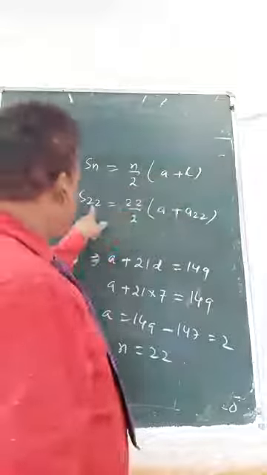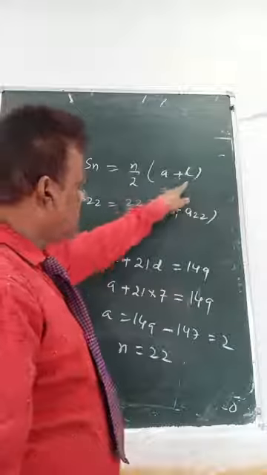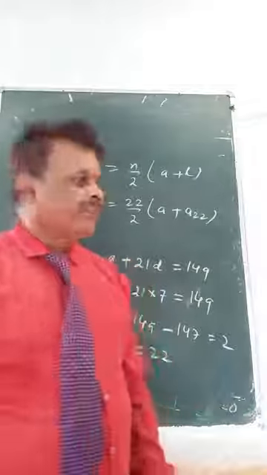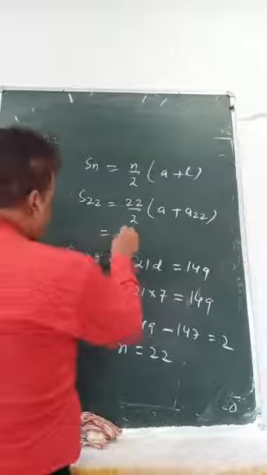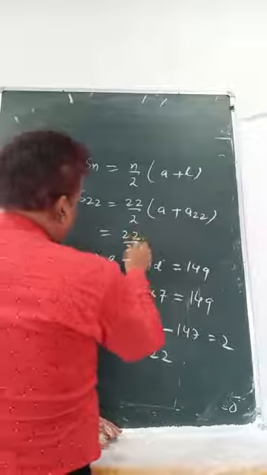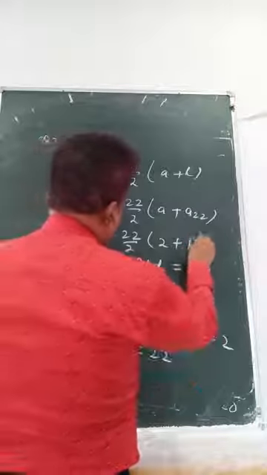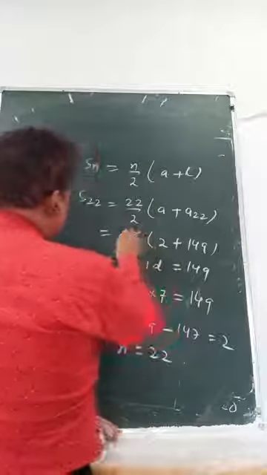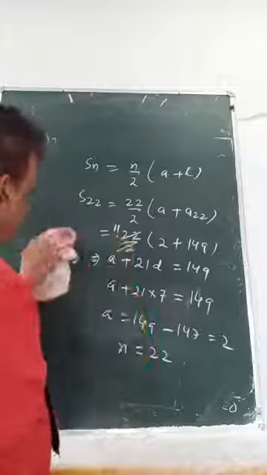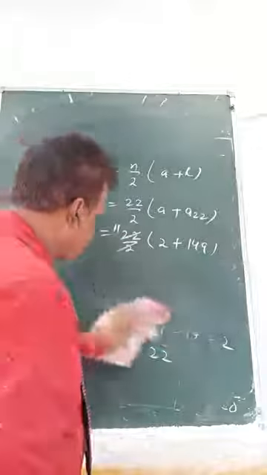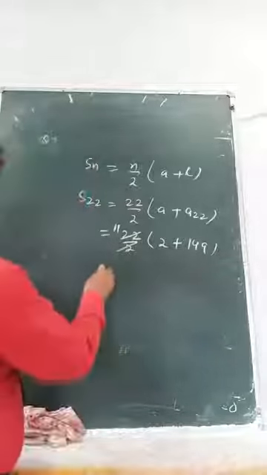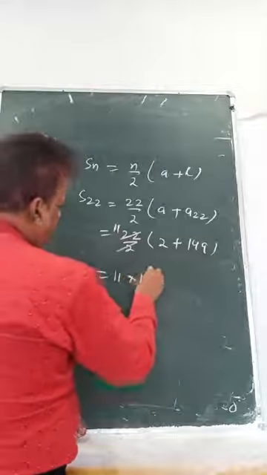When you find S22, l is your a22. So 22 by 2, 2 plus a22 is 151. This is cancelled, 11. So 11 into 151.